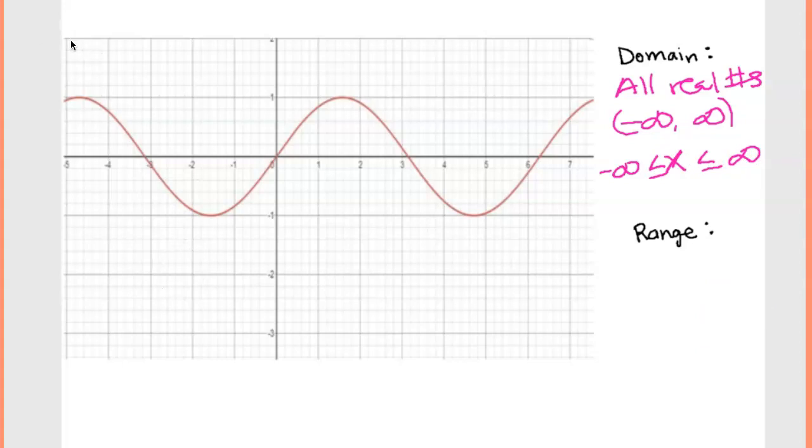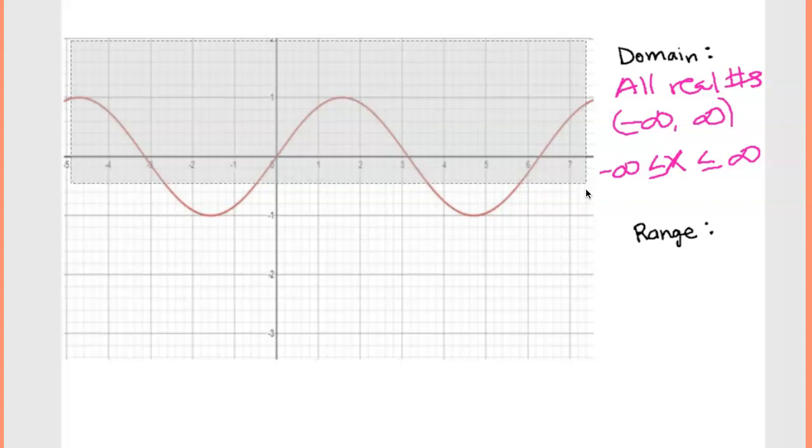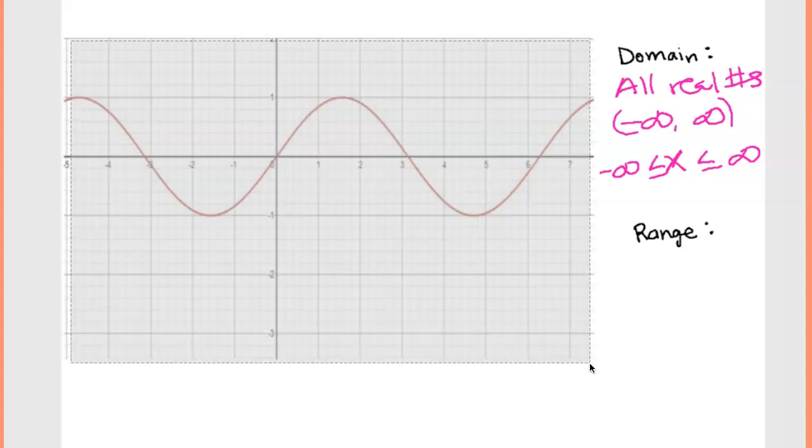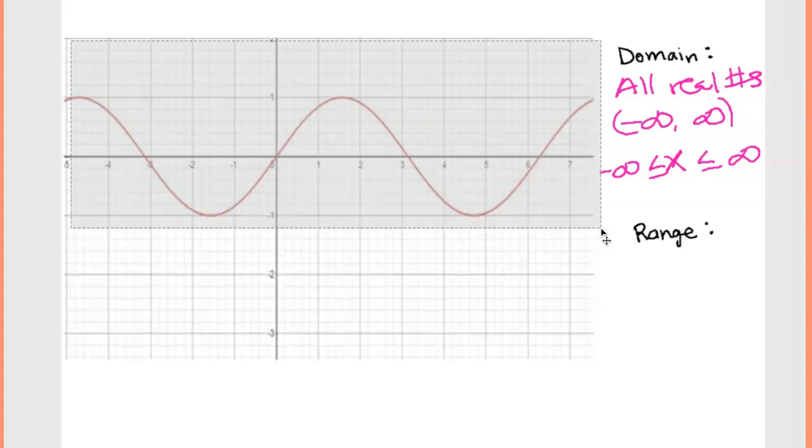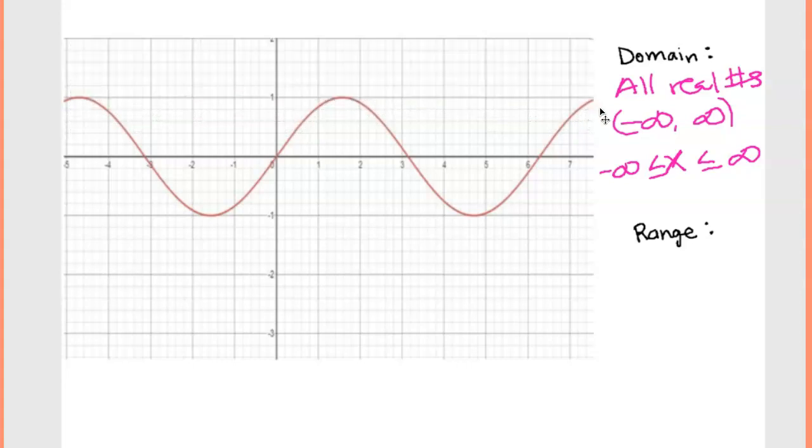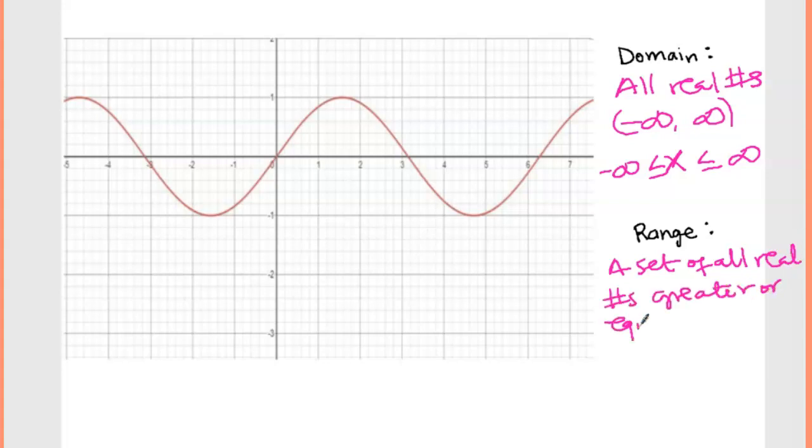The range, we are looking from the top to the bottom. So here we see that we are not touching it yet. Immediately you get to positive one here, we see that's where you touch it. You keep touching it in between. The negative one, immediately you pass negative one, you're not touching it anymore. So here realize that it's between negative one and positive one. So here we can say it is a set of all real numbers greater than or equal to negative 1, but less than or equal to 1.